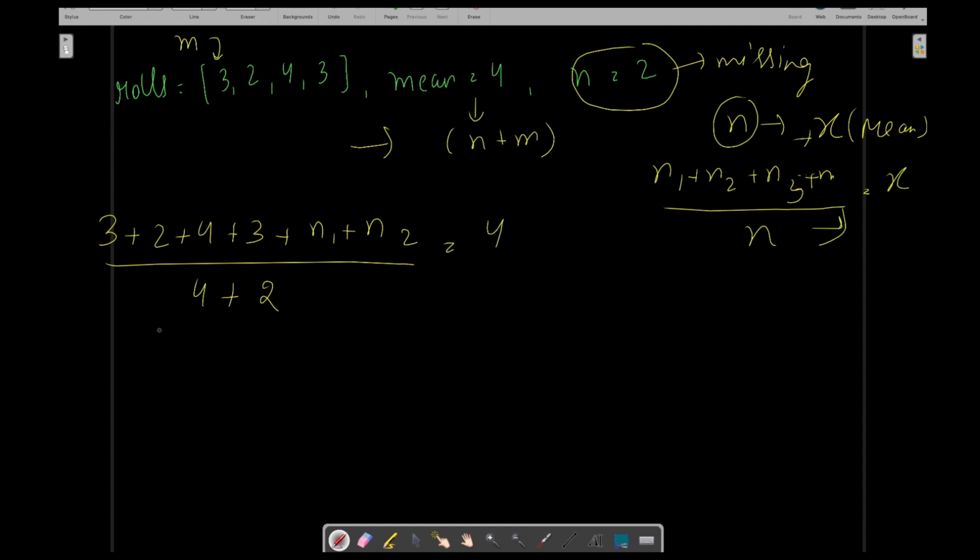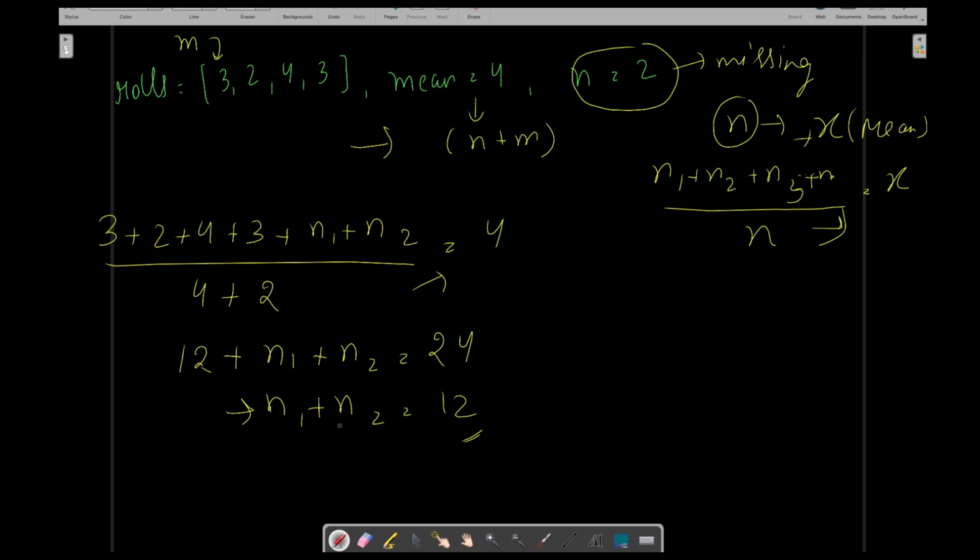So what will it become? 3, 5, 9, 12 plus n1 plus n2 is equal to 4 into 6, which is 24. So n1 plus n2 will become 12. So we came to know that the sum of the missing observations is 12.